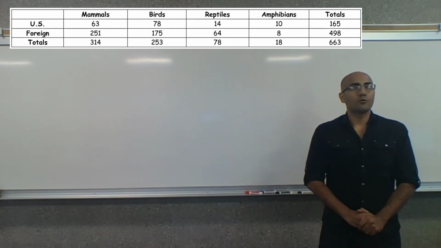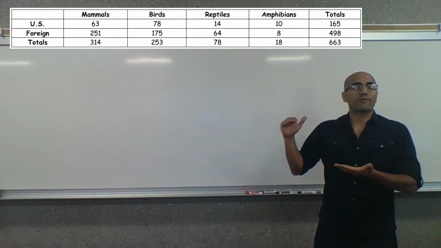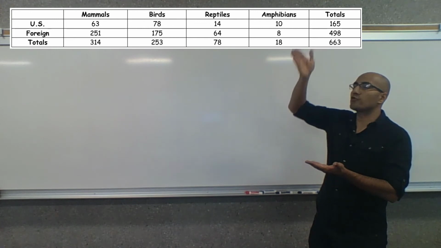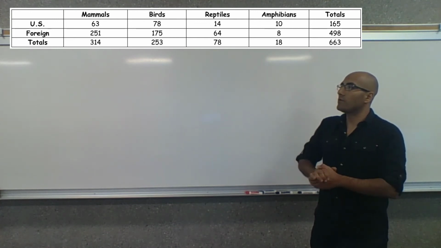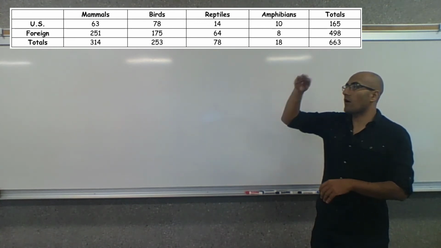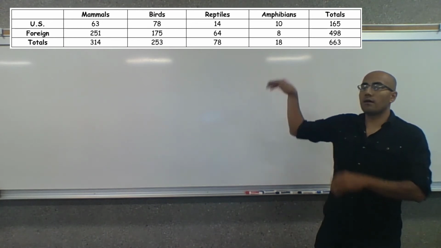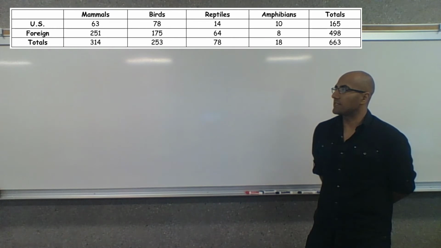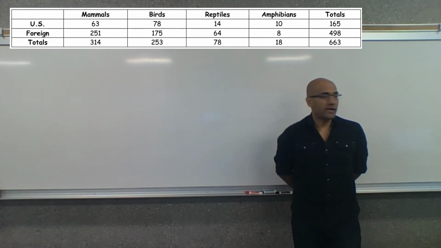In order to figure out the total of animals from the U.S., we'd have to add them across, right? Or how many birds we had in the study, we add them down. So we fill out the table, going across, going down, and then the totals should add up to 663. Good? We're good with that part? Okay. So let's answer some of these questions.